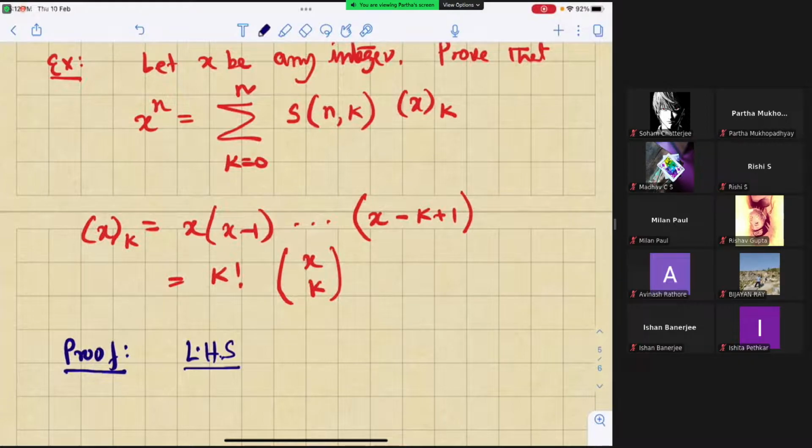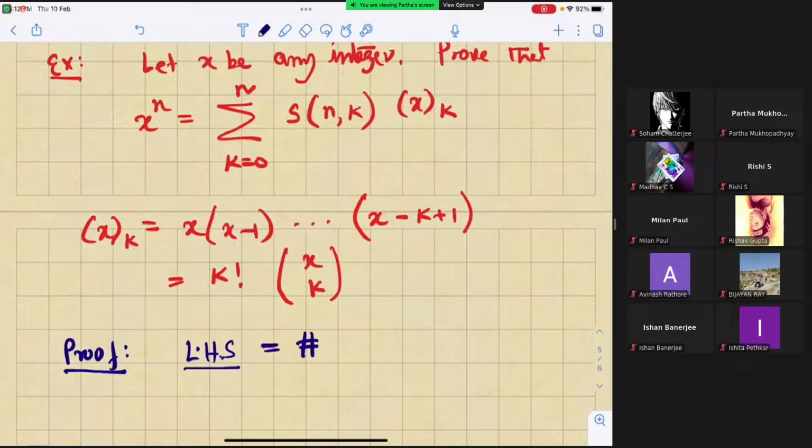Sir, if we want to calculate the number of n character strings and we have x options for each of them. Right, that's good. So that is the LHS.